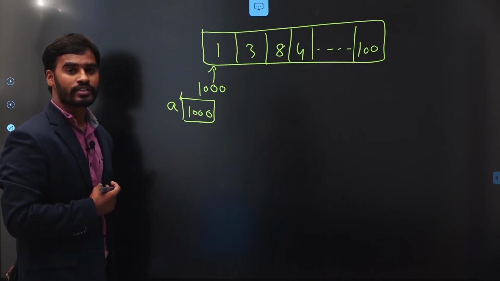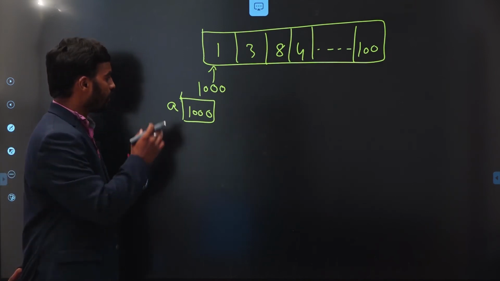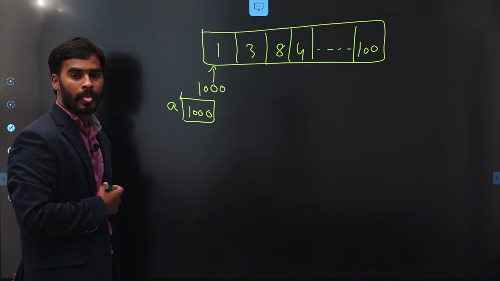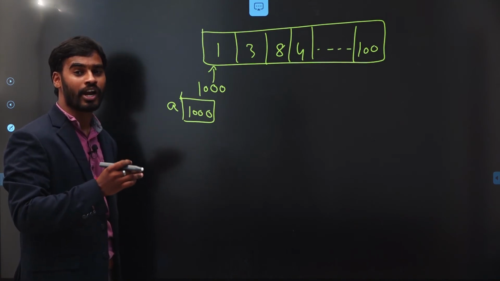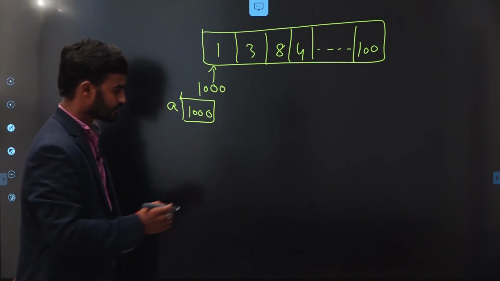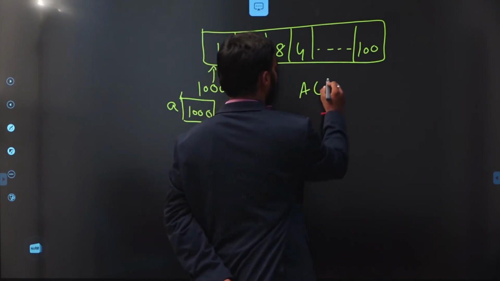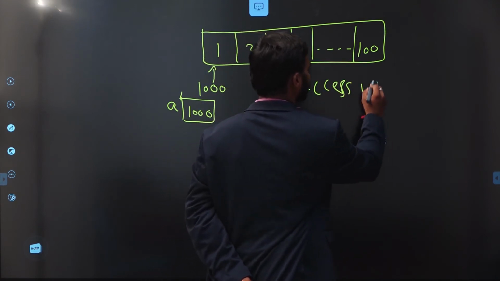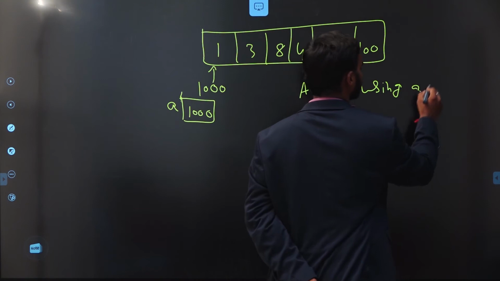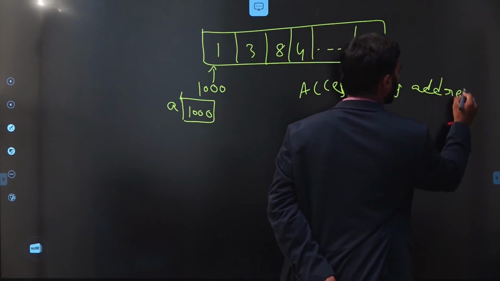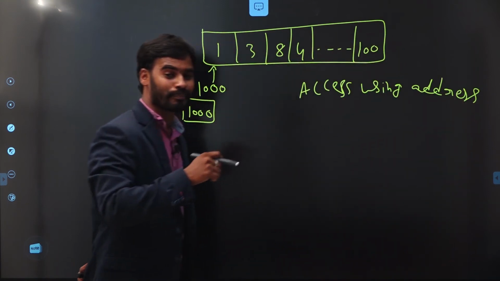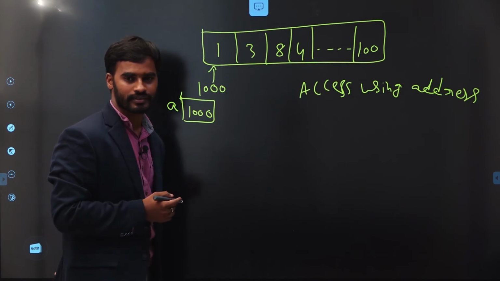If you know the address of a location, how to access the value in that location? Access value using address. How to access a value in a location if you know the address?